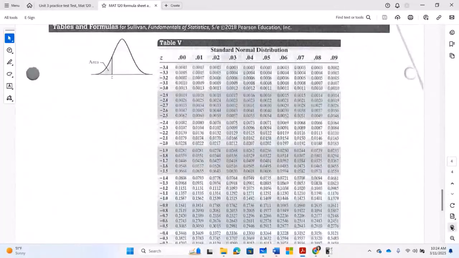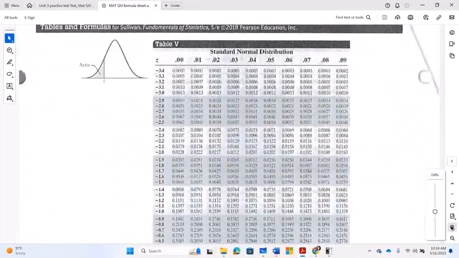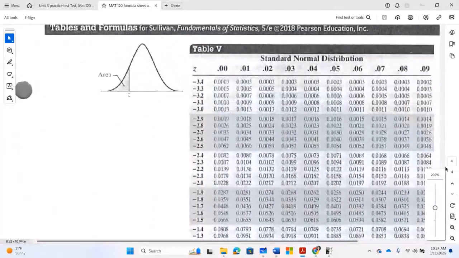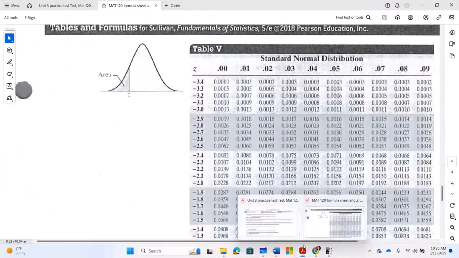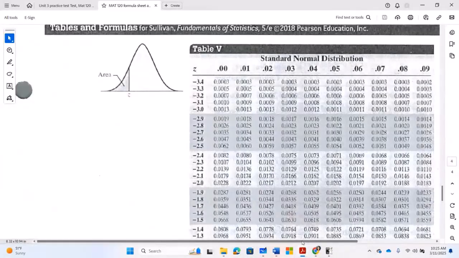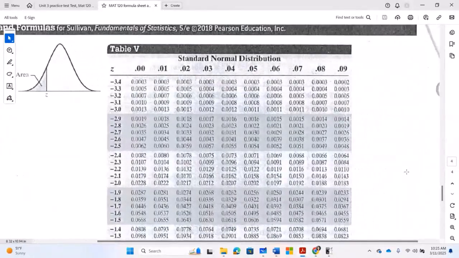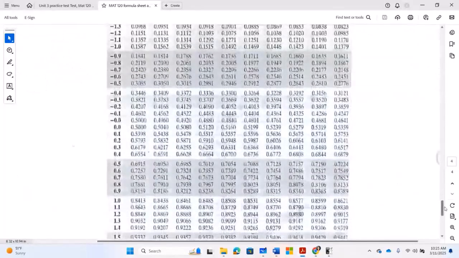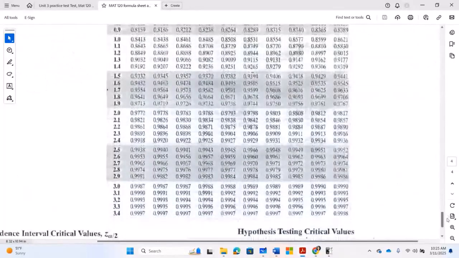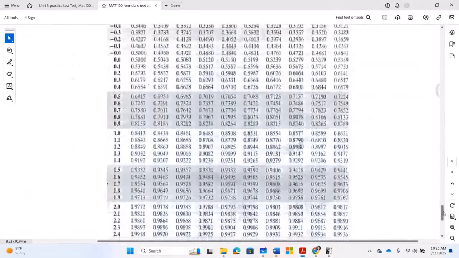And then I'm going to increase it. Remember that what I'm looking for is the Z value corresponding to 0.89. Okay, so I want us to see here.